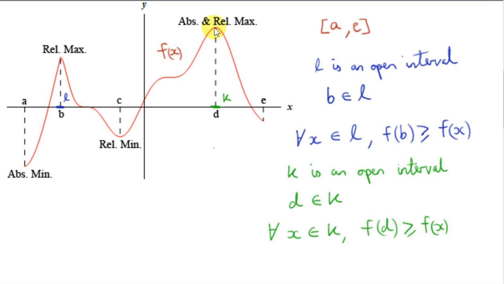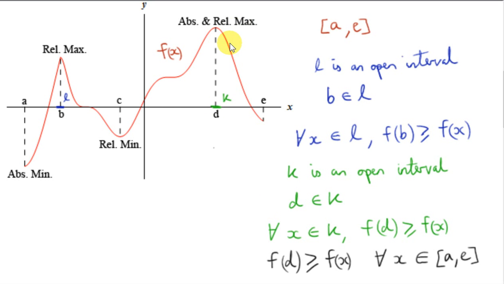As a matter of fact, for this function here, it looks like f of d is strictly greater than f of x, but it could be greater than or equal to f of x for all x in the interval. And similarly for b, it looks like f of b is strictly greater than f of x. But in general, we can leave in the greater than or equal to sign. Now, at the point D, we also have an absolute maximum.